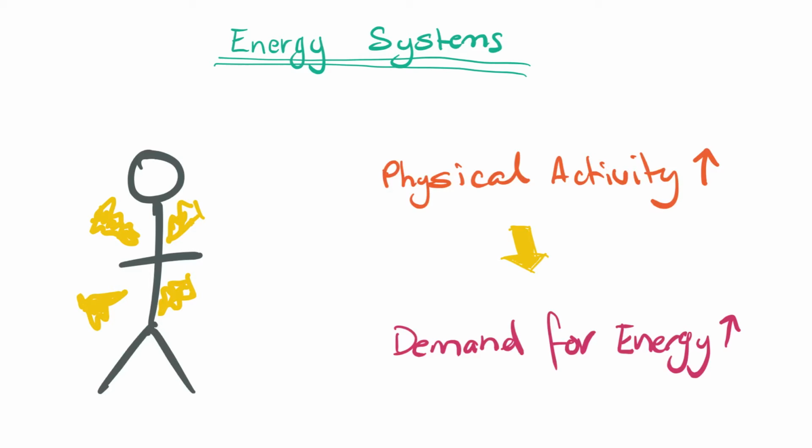Obviously, as our physical activity levels increase, the demand for energy also increases. So we need to have a look at how we actually increase our energy production to enhance our performance or to be able to carry out physical activities.